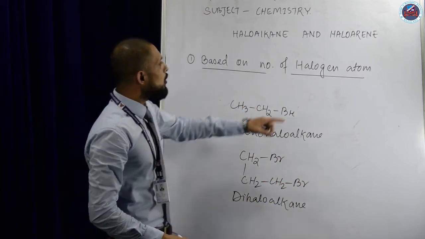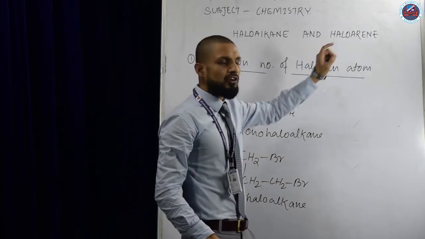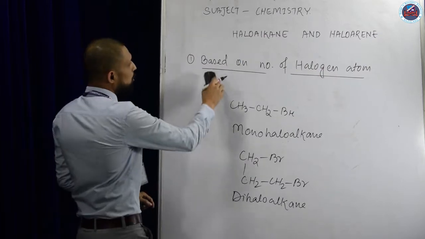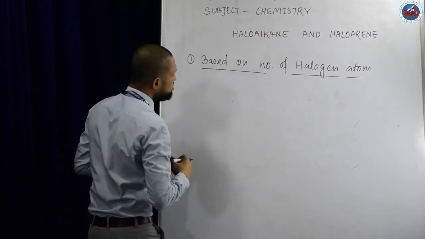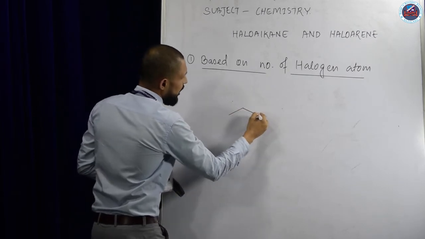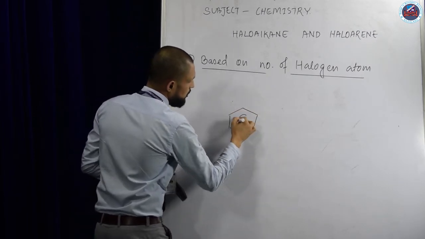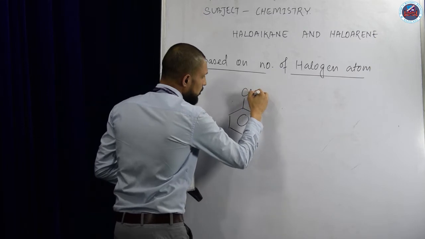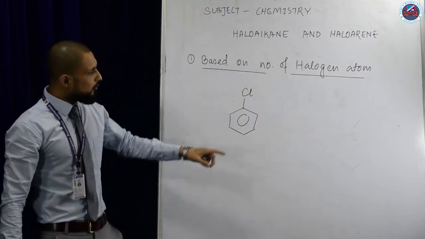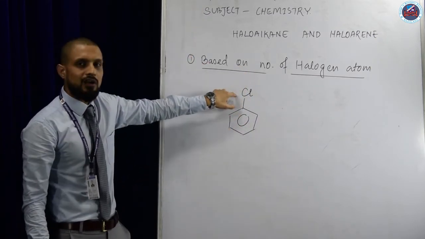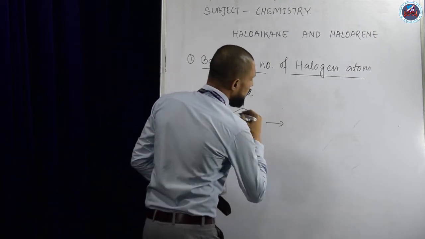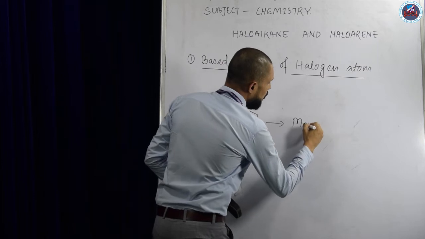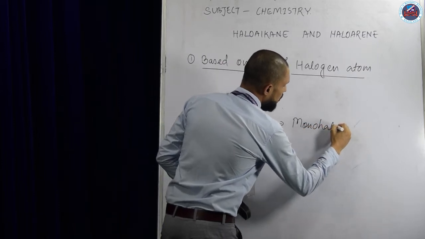Similarly, the haloarenes are also classified based on number of halogen atoms. So let us see. So the first example, benzene ring with a chlorine atom. So you can see in this compound you have only one halogen atom. So therefore, this compound is known as monohaloarene.